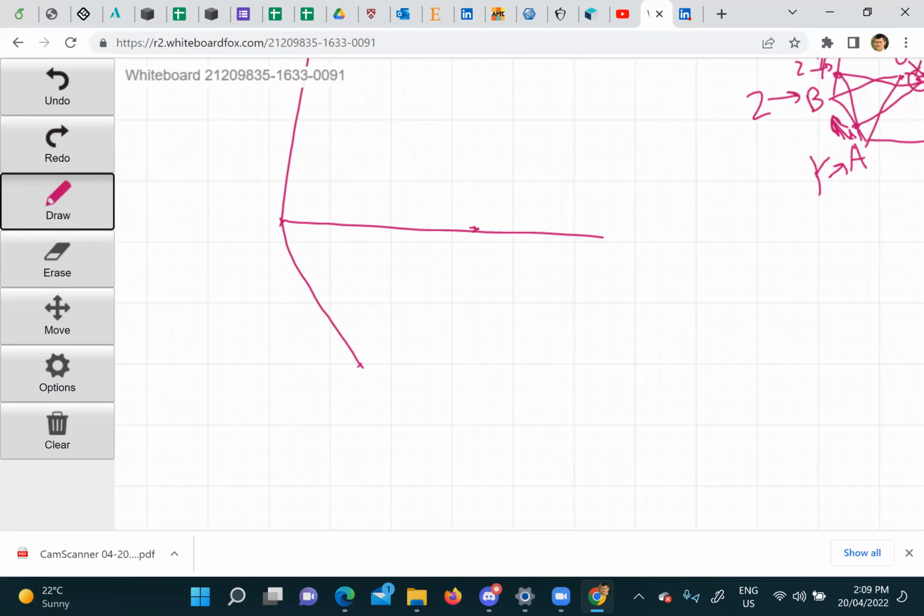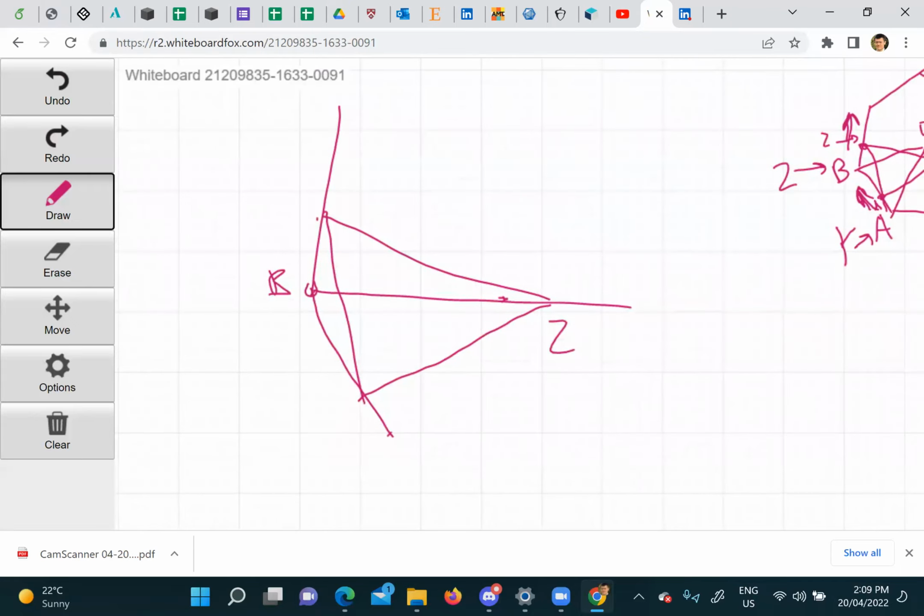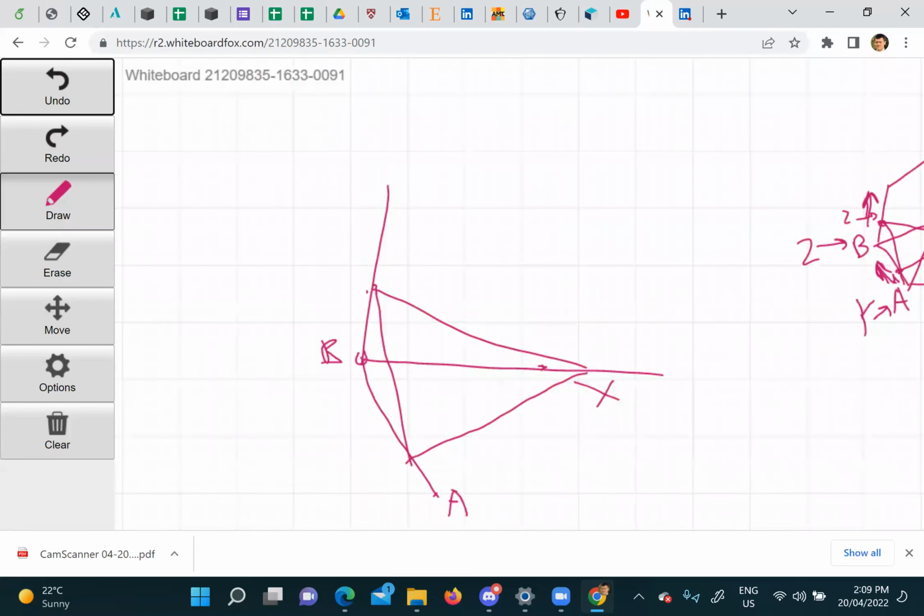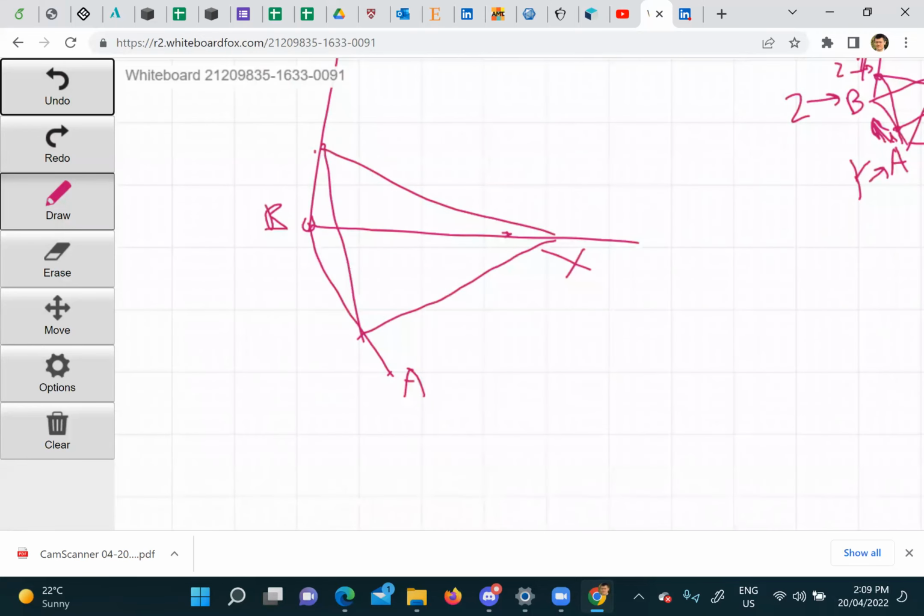Alright, so this is O. Basically we're trying to maximize this distance from B to Z. Wait, no, I think this is X. Alright, A, B, C, and Y, Z. So what Lucas said is that this distance here is fixed.